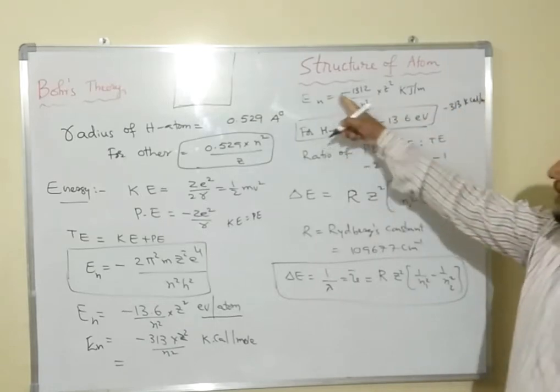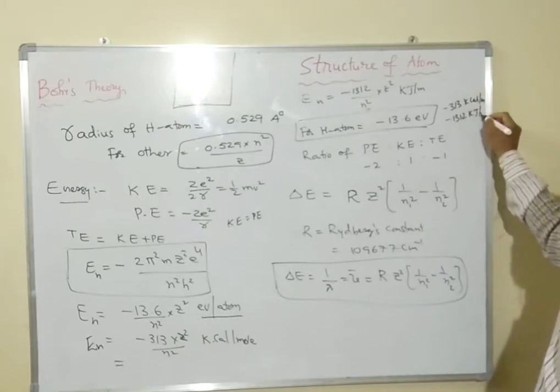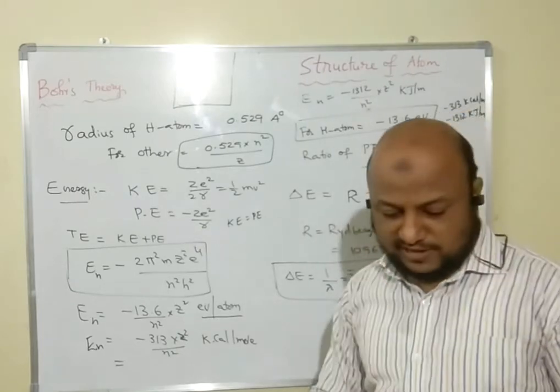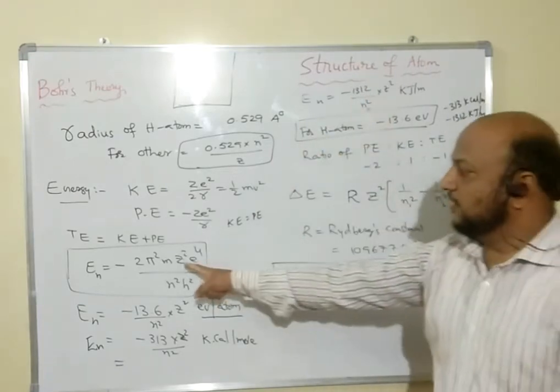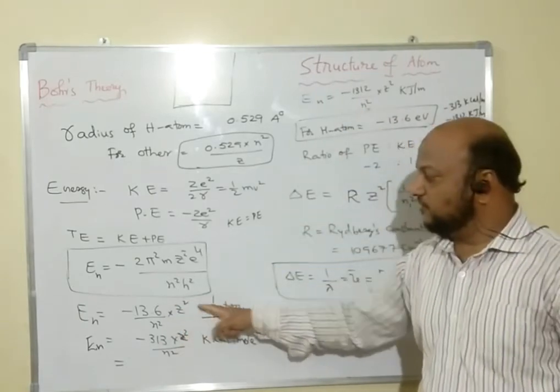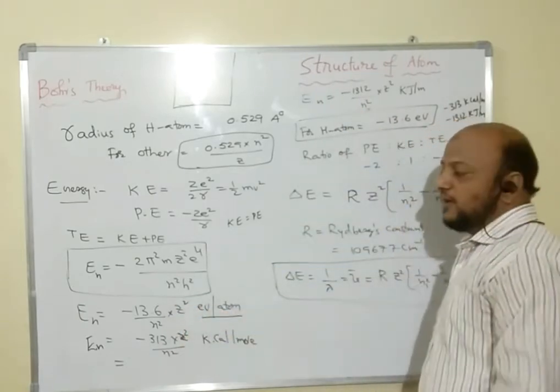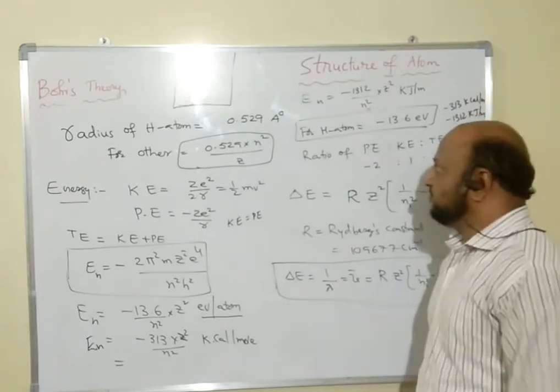In kilojoules, the value is minus 1312 kilojoules per mole. These are the values for the hydrogen atom especially. For other atoms, we calculate using the formula minus 13.6 by n square into z square. By substituting z and n values, we can get the energy of different orbits or elements.